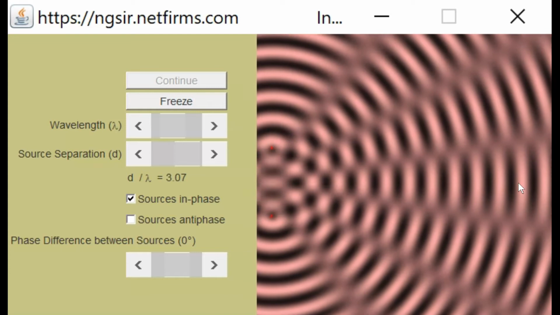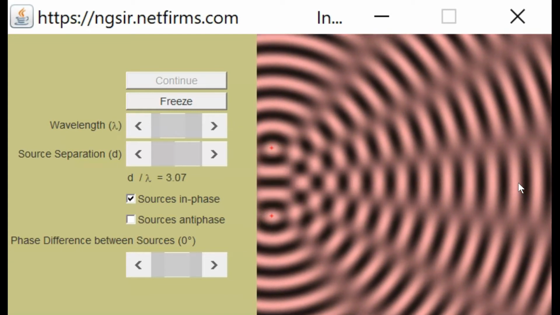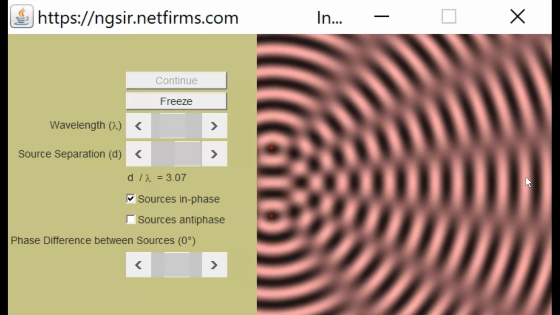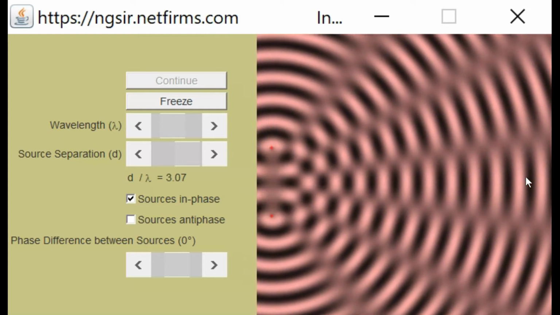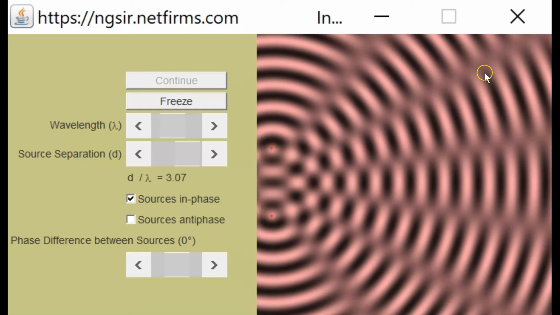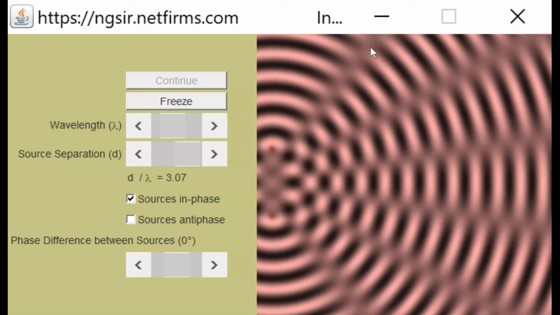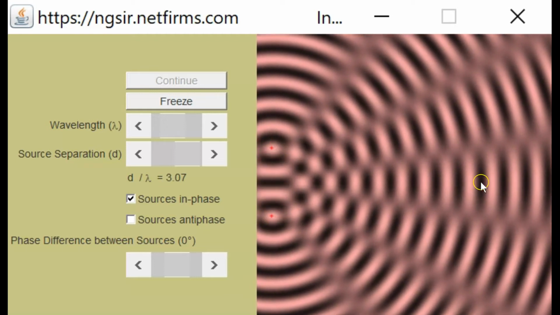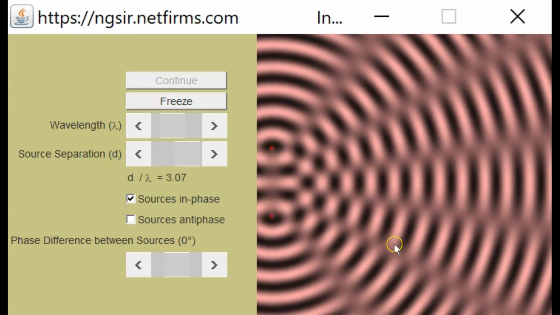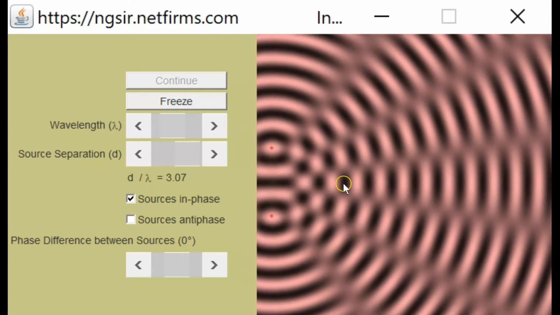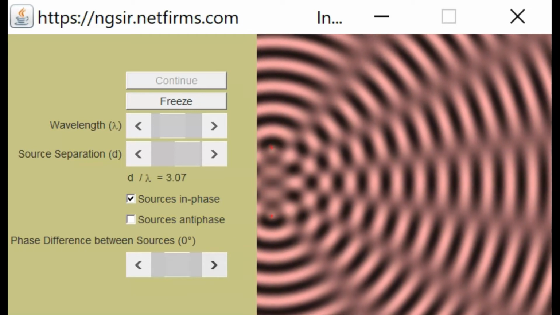That gives me 7 bright fringes. Now if I look at the dark fringes, we had m_d equal to 2. So here's 0, 1, 2. So that's 3 on the left, and therefore 3 on the right, which gives us 6 dark fringes. So this is agreeing with what we just calculated.